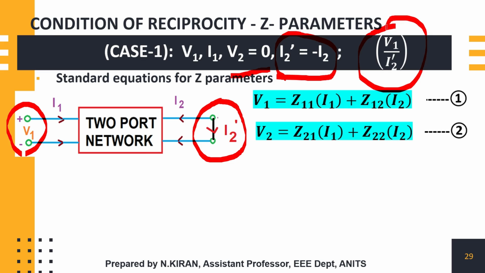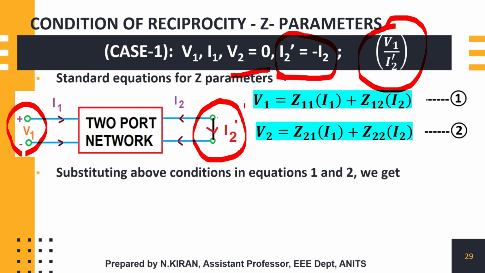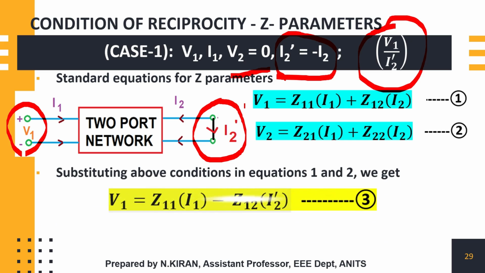Applying the above conditions in the two equations, we get V1 is equal to Z11 I1 minus Z12 I2 dash, since I2 is equal to minus I2 dash. I'll consider that as the third equation. Next, the second equation becomes 0 is equal to Z21 I1 minus Z22 I2 dash.